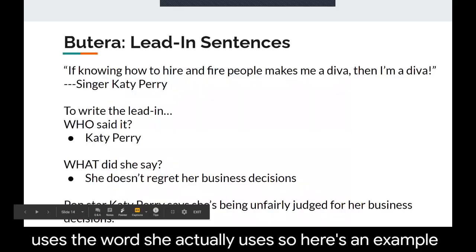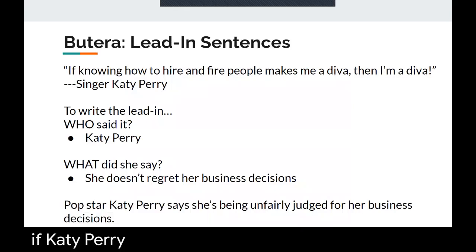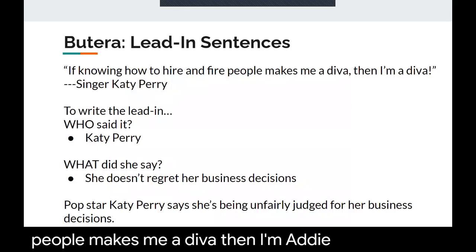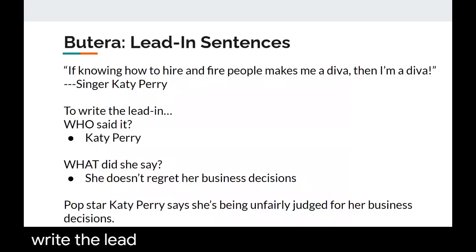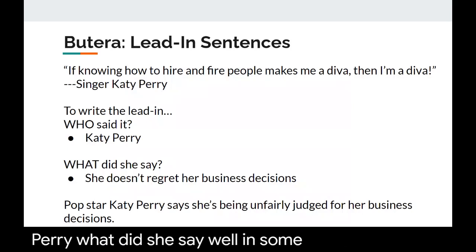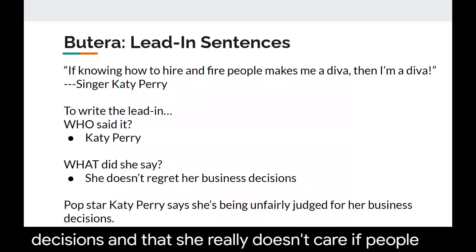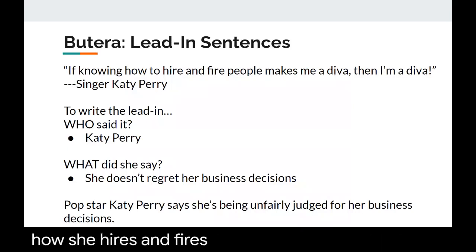So here's an example. If Katy Perry says, if knowing how to hire and fire people makes me a diva, then I'm a diva. In order to write the lead-in, I'm going to ask, who said it? Katy Perry. What did she say? Well, in summary, she's saying that she doesn't regret her business decisions and that she really doesn't care if people have a problem with how she hires and fires people.